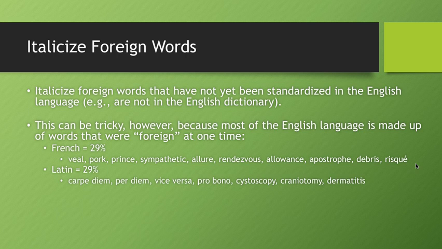Latin, we have about 29% of our words from the Latin language, like carpe diem, per diem, vice versa, pro bono, cystoscopy, craniotomy, dermatitis, and basically most medical terms and phrases are coming from Latin.